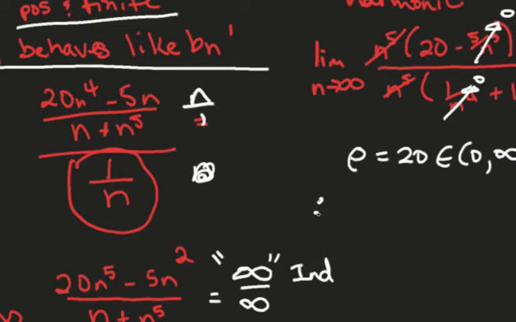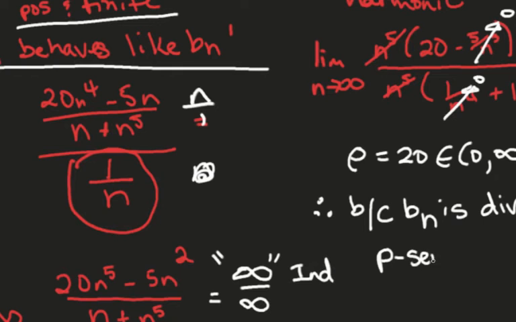So you would say, therefore, because b sub n is a divergent p-series, and rho is positive and finite, a sub n also diverges.